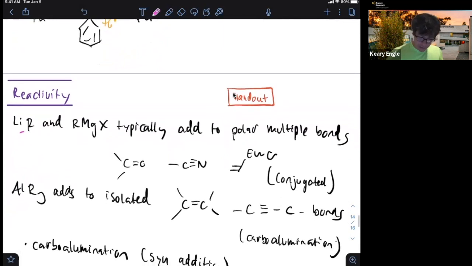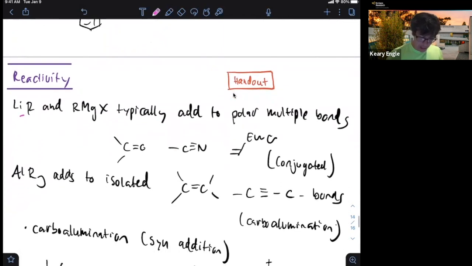In terms of reactivity, I'll go through this part quite quickly. You have a handout included with the other files for class for today that summarizes the reactivity of organoaluminums.